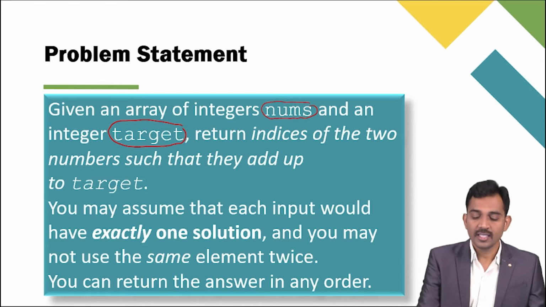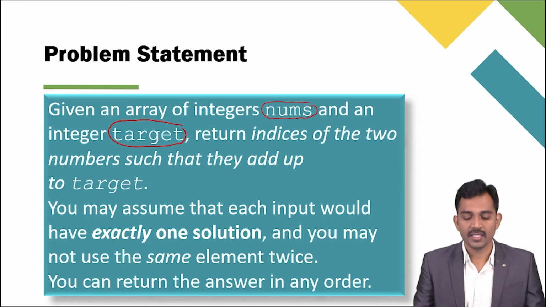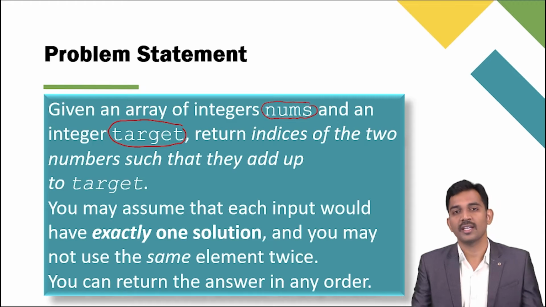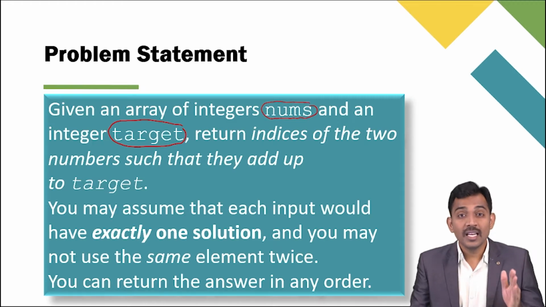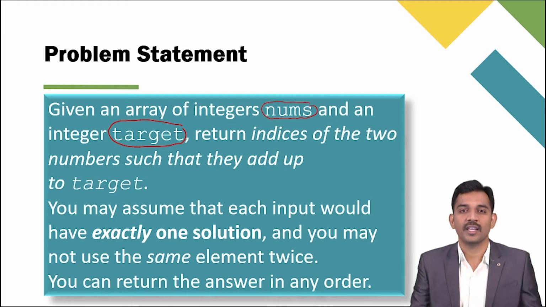Our task is to return the indices of two numbers such that they add up to the target. That means they'll give n elements, and from those n elements, you need to find two elements whose sum matches the target. That is our problem.